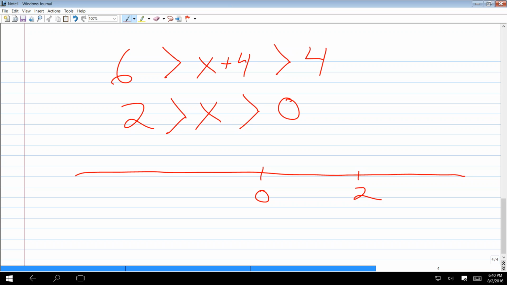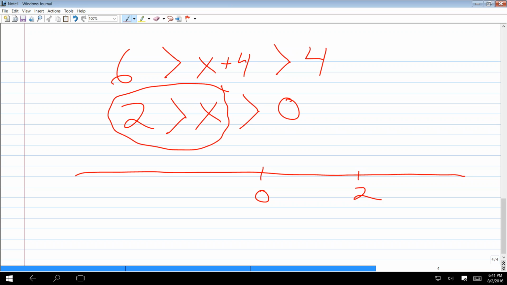So what does it mean that 2 is greater than x, which is greater than 0? What part of my number line am I going to draw the line in? It's going to be 2 and beyond. No, notice that x is less than 2. In other words, there's two ways to read that.